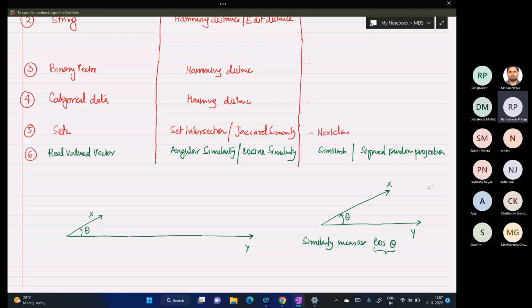So in some applications, Euclidean distance could be the appropriate similarity measure, but in some applications, cosine similarity could be appropriate. Right? So Euclidean distance doesn't capture all the essence of the data, the way data is represented. Okay, so does this make sense?